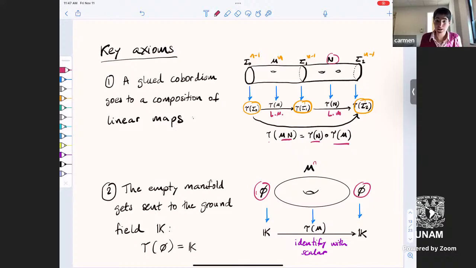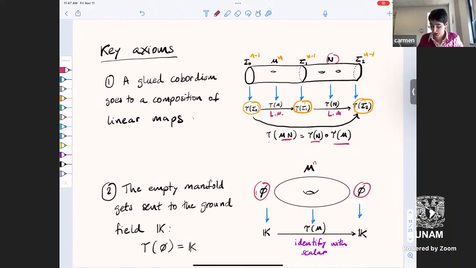And why am I allowed to do that? Well, because the dimension of the empty manifold depends on whatever context I am in, and I can choose whatever I need. So I am choosing in this sense to have my empty manifold play the role of the n-1 dimensional manifold. So I do get a cobordism from something closed to something closed.